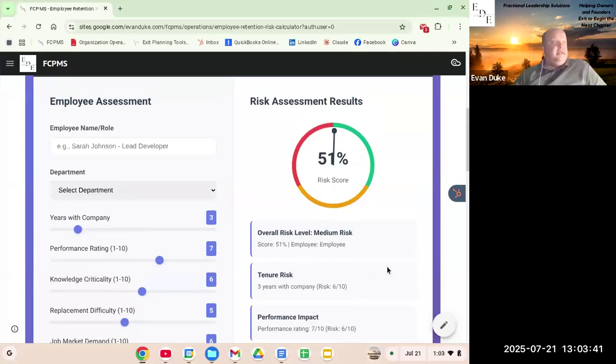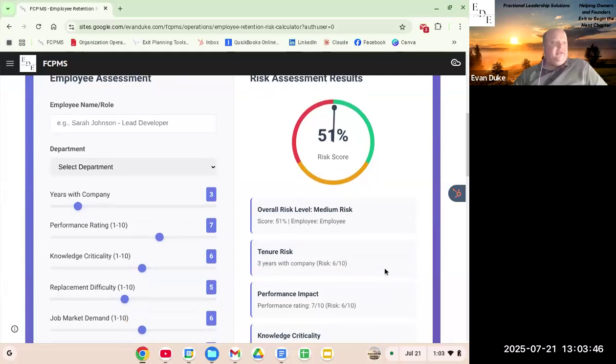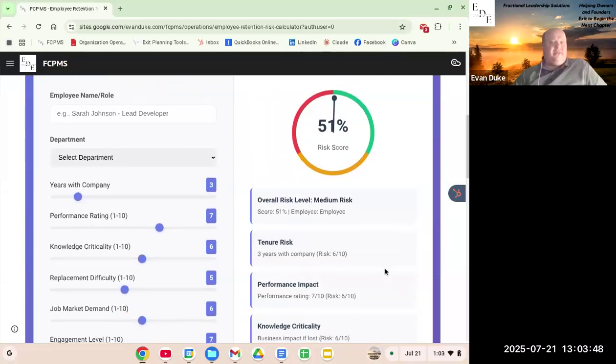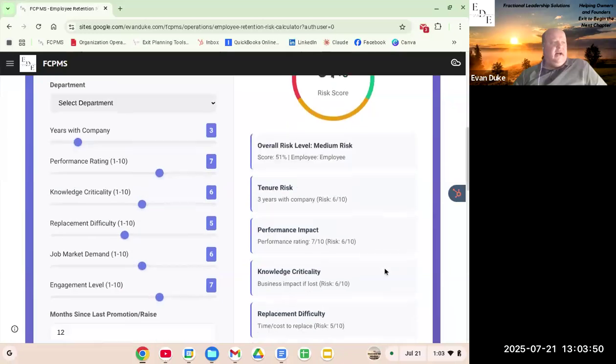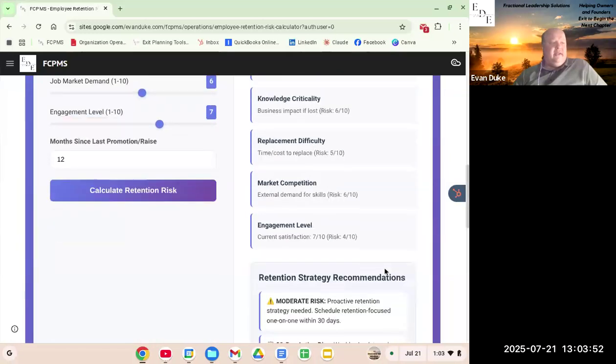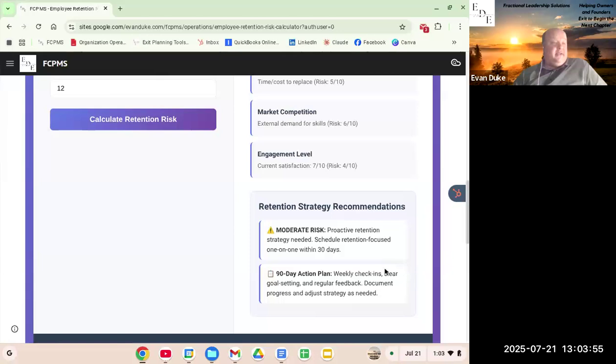What this shows is a risk score of 51%, which means overall it's a medium risk. Here are the recommendations: proactive retention strategy needed, and then weekly check-ins, clear goal setting, and regular feedback. In other words, if this is a key person, you need to have an action plan to make sure you're locking them in.